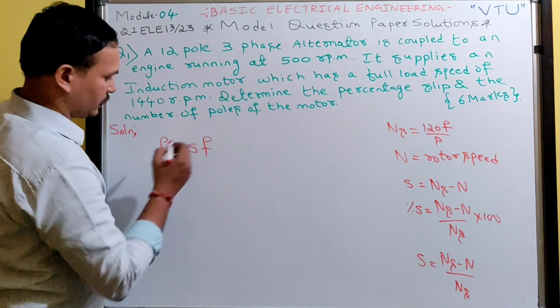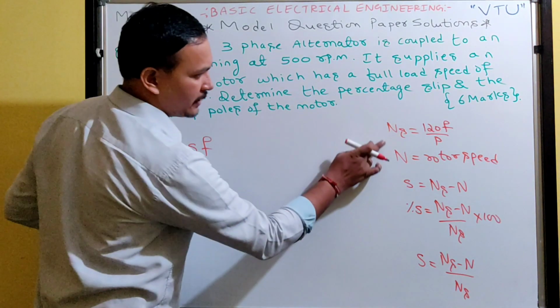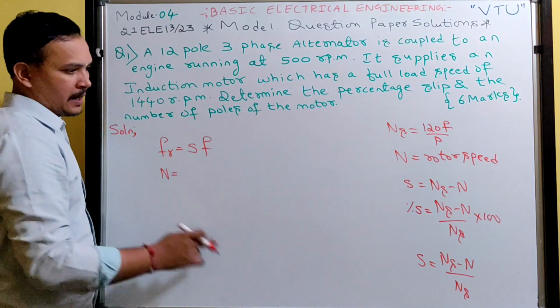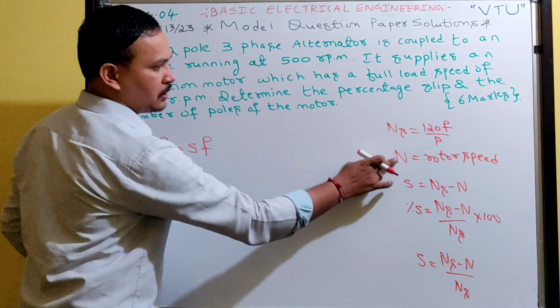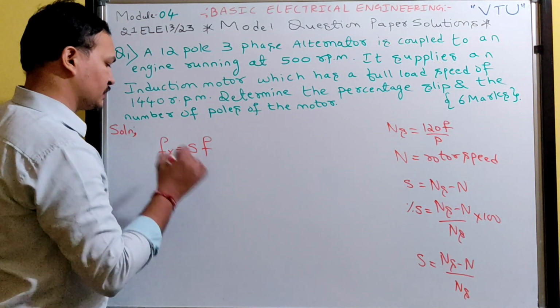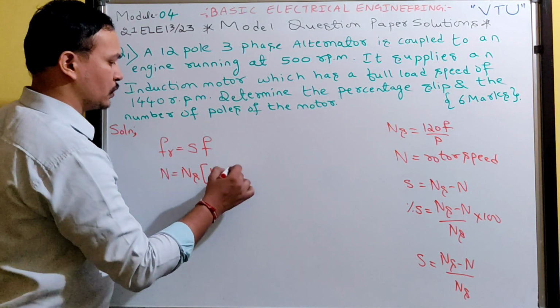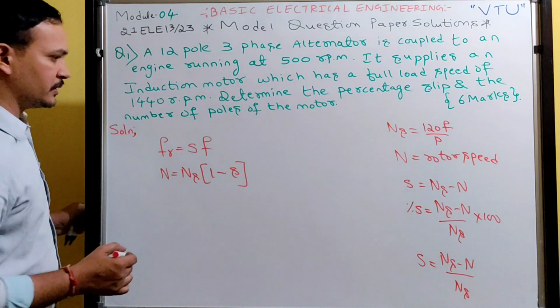If I know synchronous speed and slip, I can also find rotor speed. The formula for that is N is equal to Ns into 1 minus slip.